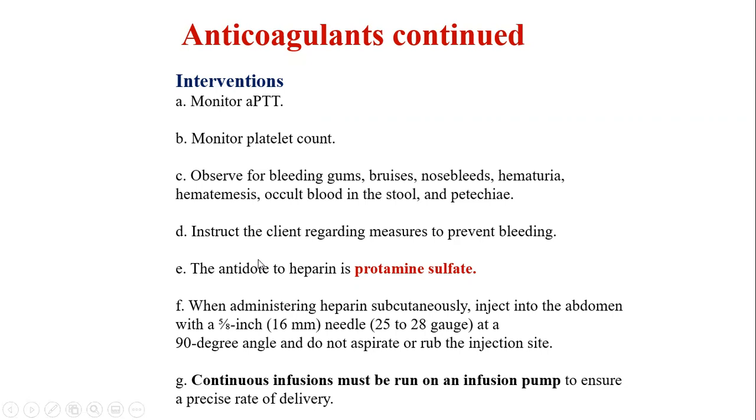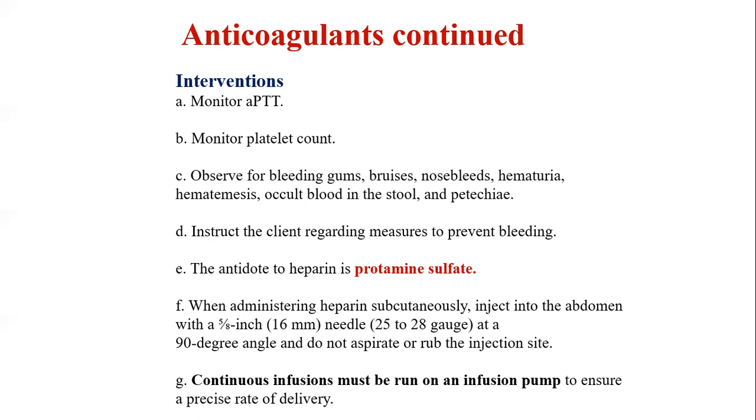If an overdose occurs, we need an antidote. The antidote we use is called protamine sulfate. Right? It is different from warfarin. So keep it in mind, if a patient has a heparin overdose, we use protamine sulfate, right?